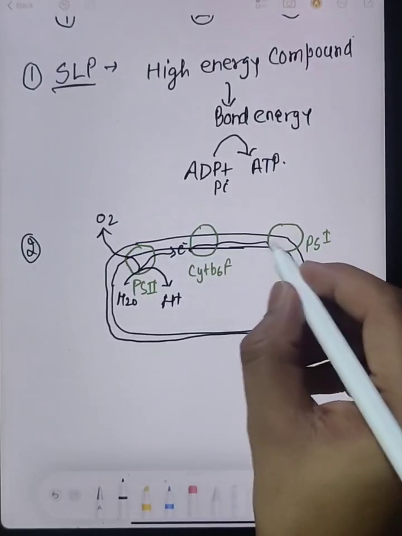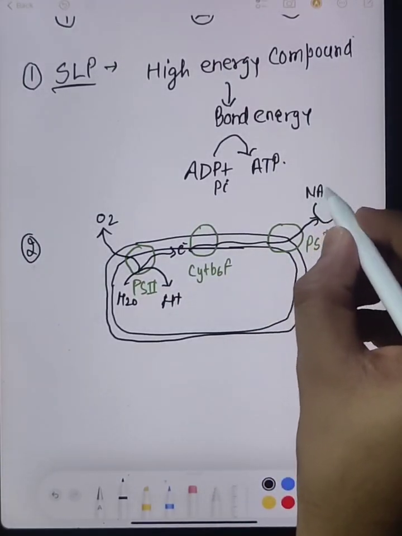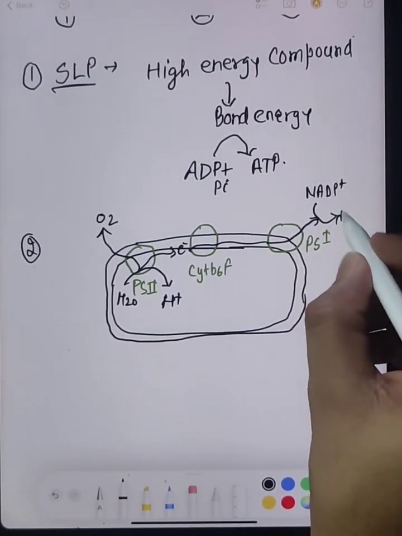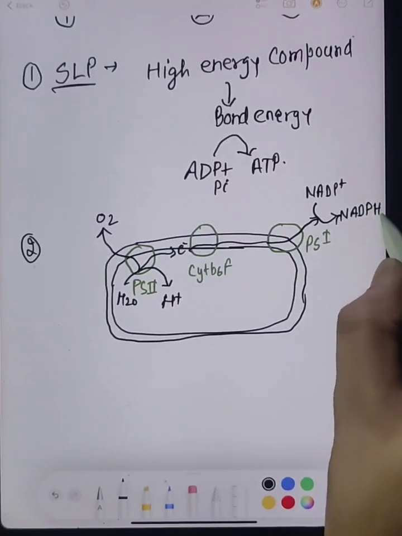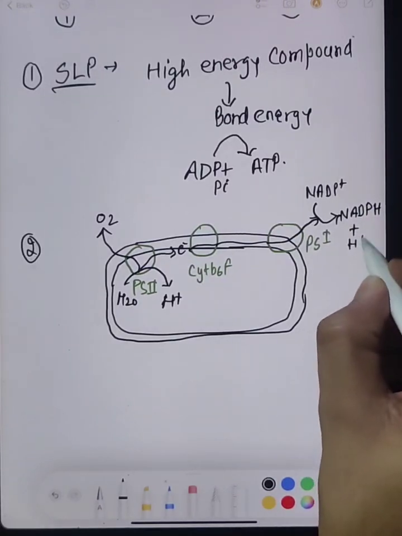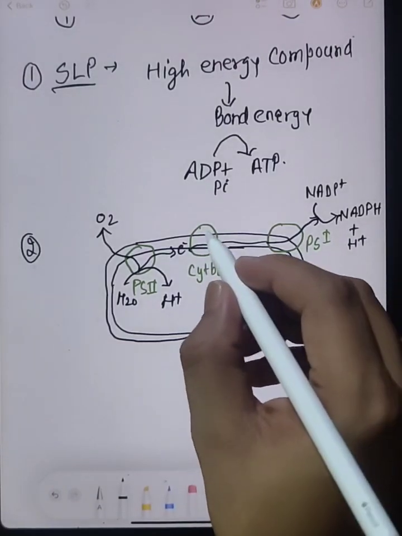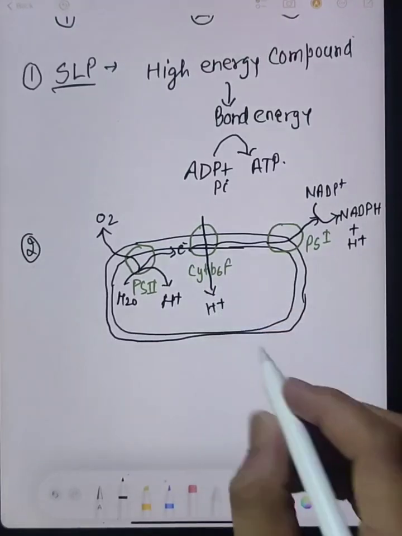This leads to the formation of NADPH via NADP plus. NADPH plus H plus will form here, and during this transfer protons get collected in the lumen.